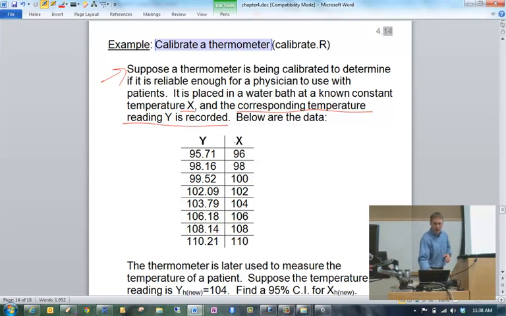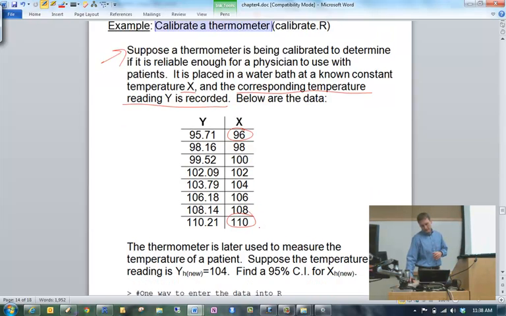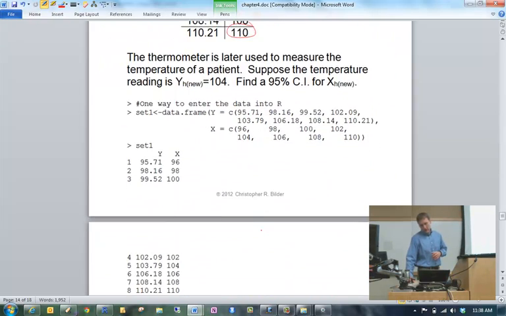So when the bath was at 96 degrees, the temperature that we got from the thermometer was 95.71. And we did it up to 110 degrees, and our thermometer had 110.21. Again, this is an example from another book.